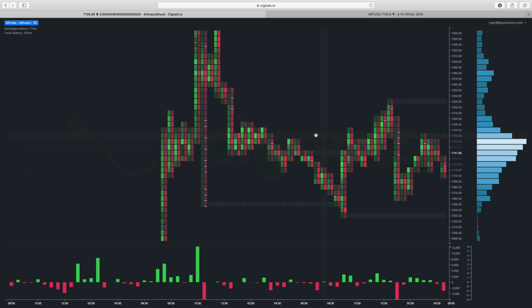So identifying the strength in the limit orders versus the strength in the market orders, or the aggressive order flow.